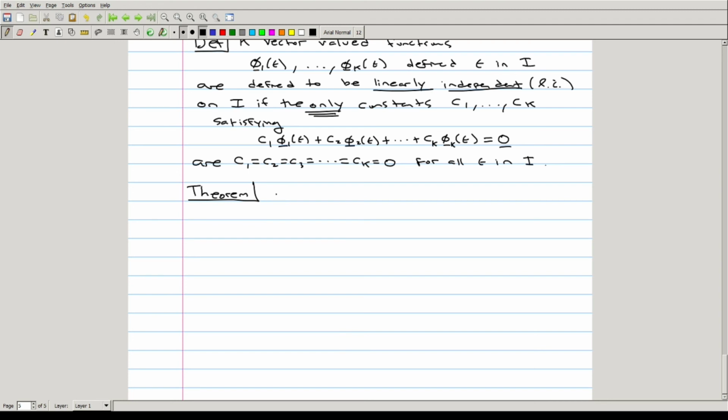So our first big theorem on solutions is the following.